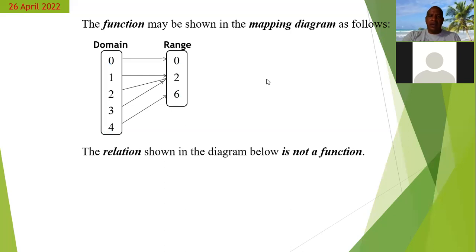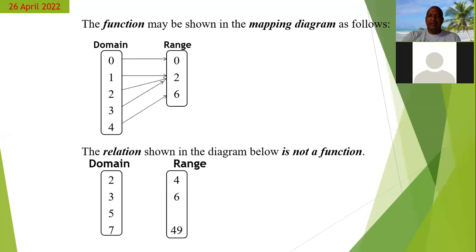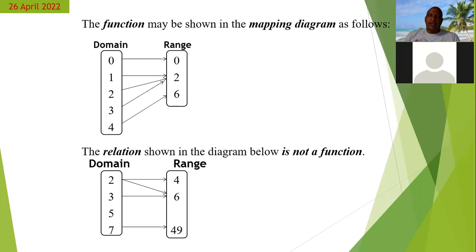All right, so the relation shown in the diagram below is not a function. Now look at this one. Oops, sorry. Is this a function? Well, it already stated that it's not a function.